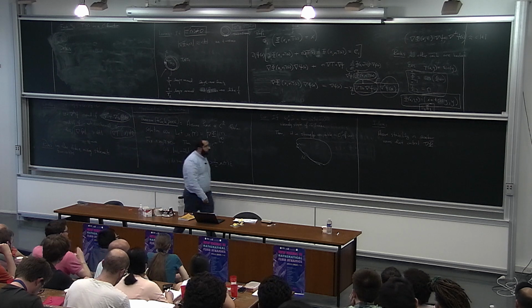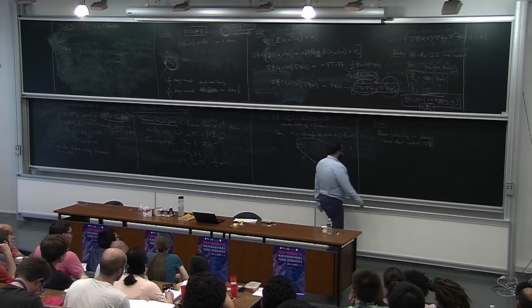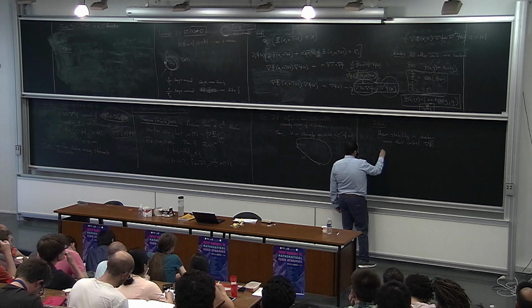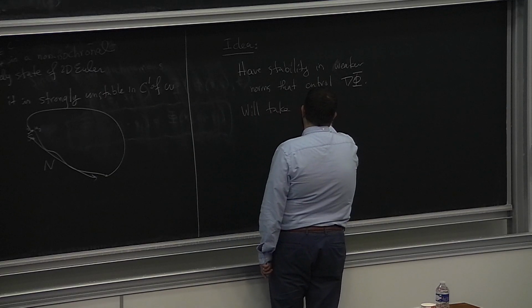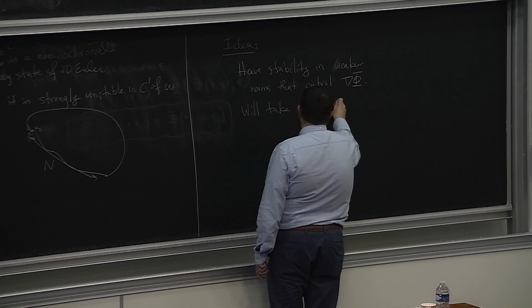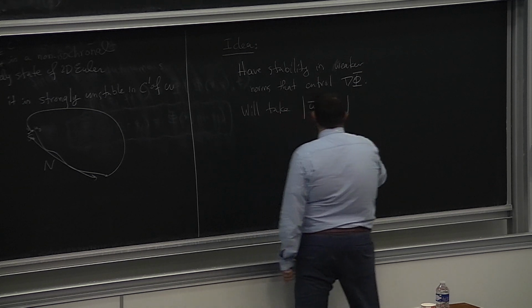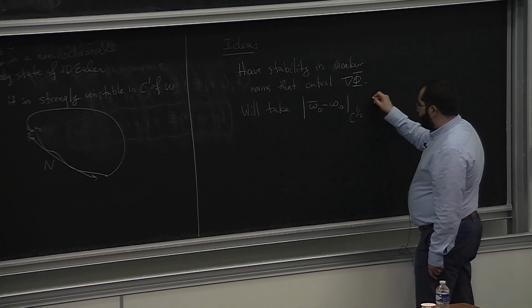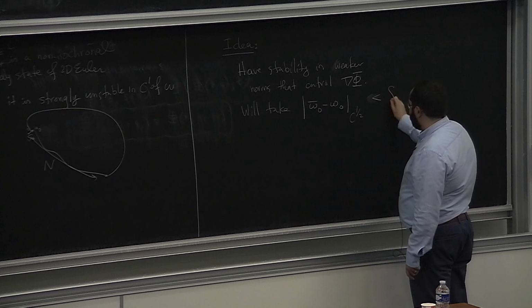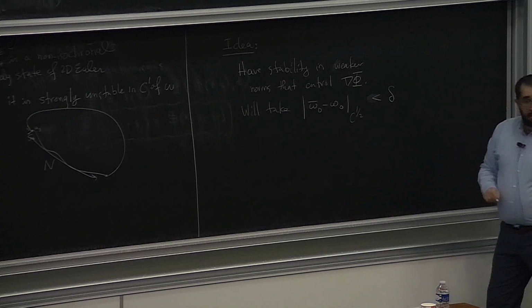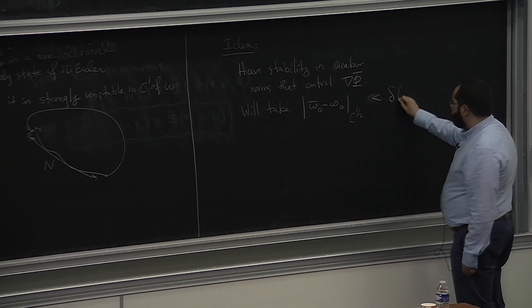So for example, you could take omega 0 bar in C1 half to be very, very small, less than delta. Now, delta will be a function of t and epsilon.